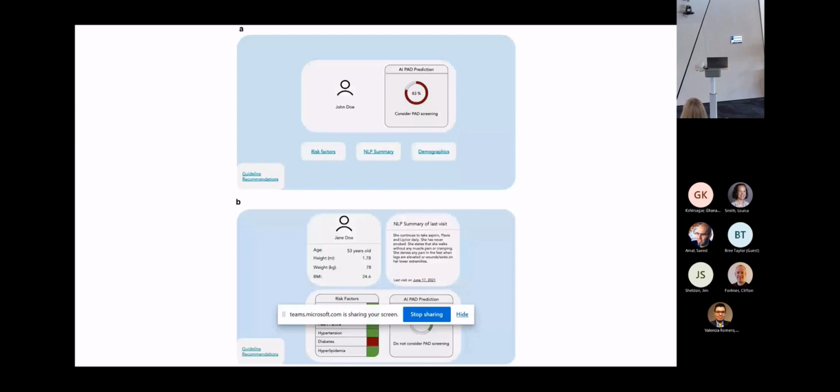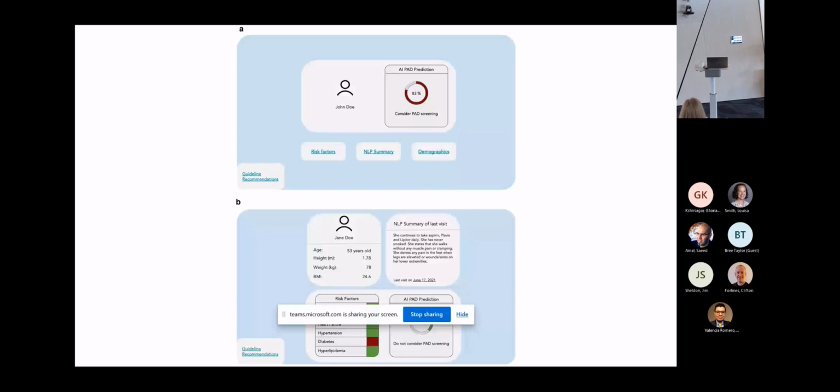And then we had some links where they can explore more risk factors and some NLP summary of the recent visits, like a textual summary of the recent visits, and some demographics.